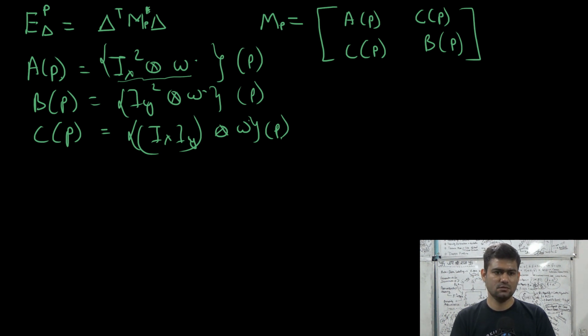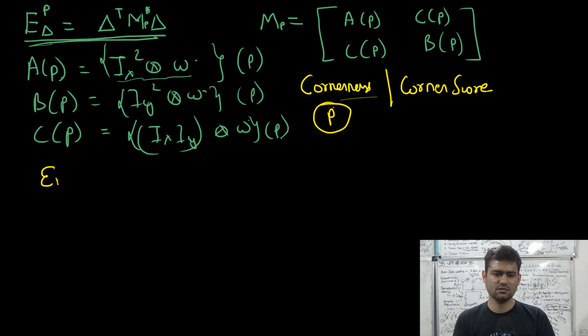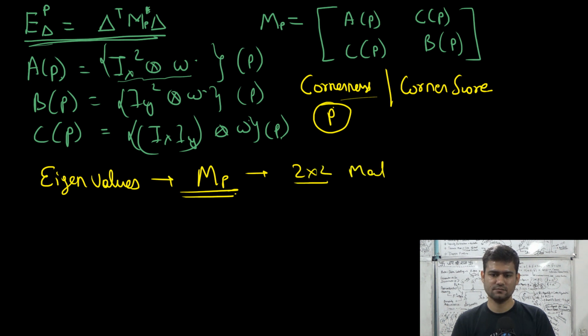So the corner score of a particular pixel P is characterized by the eigenvalues of matrix MP, where M of P is a 2 cross 2 matrix.